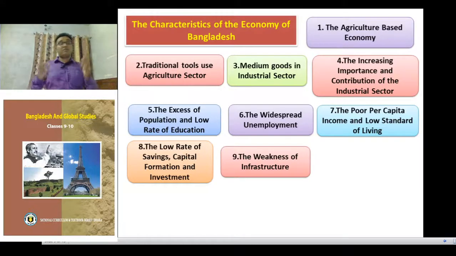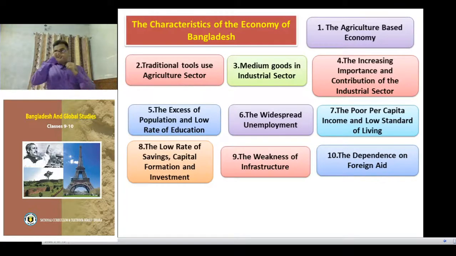So, this is one of the characteristics of the economy of Bangladesh. Dear students, the next characteristic of the economy of Bangladesh is the dependence on foreign aid. Few years back, Bangladesh had to depend on foreign countries for foreign aid, especially in time of making budget, in time to manage natural calamities.